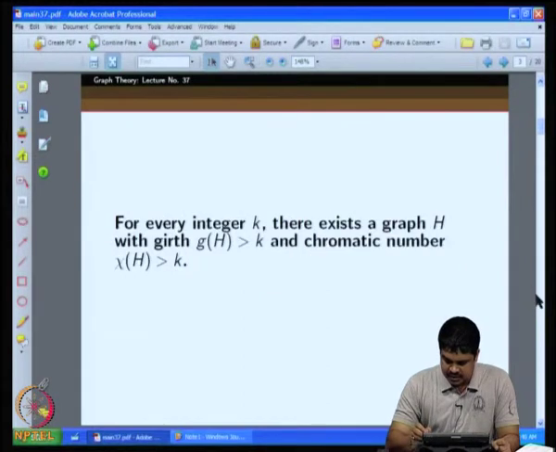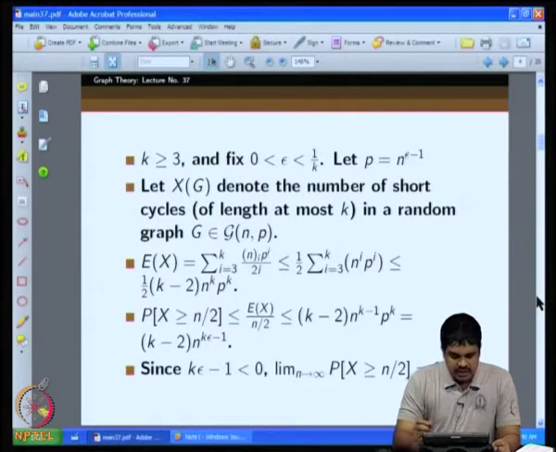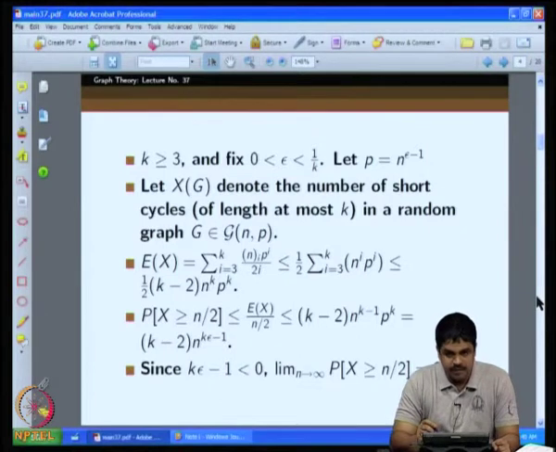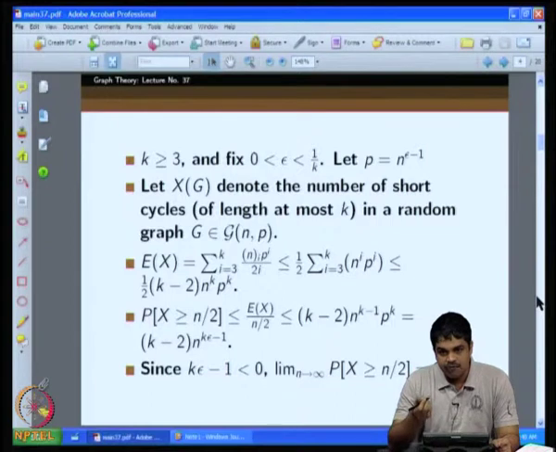So, how we select this little higher value is, you have k, which is given with the problem. We want to avoid cycles of length less than k and have chromatic number greater than k.